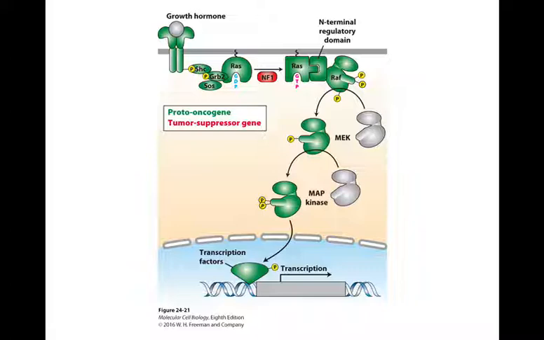In this diagram, all the proteins in dark green are proto-oncogenes in that they can become oncogenes if mutated. So the receptor, all the adapter proteins, RAS itself, everything in the kinase cascade, all possible oncogenes.